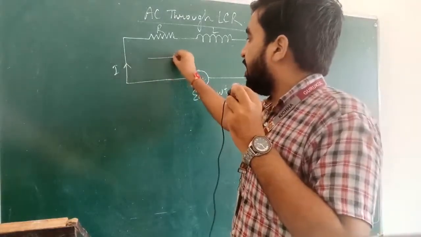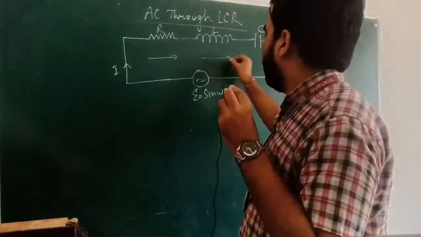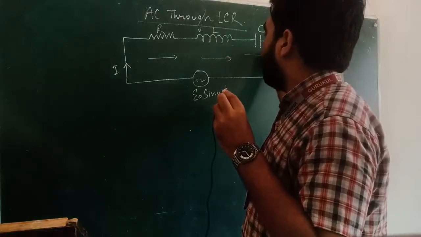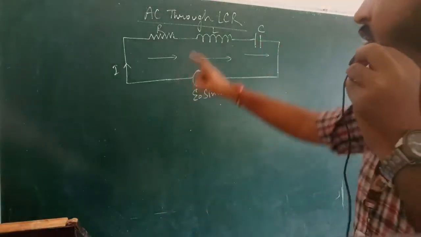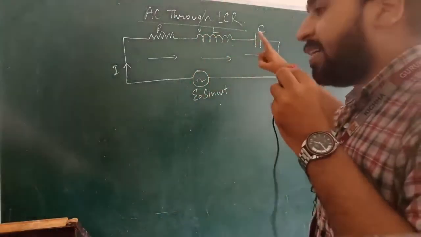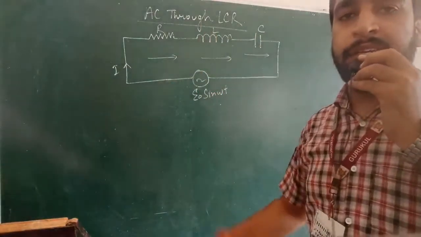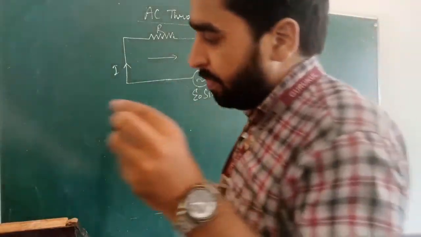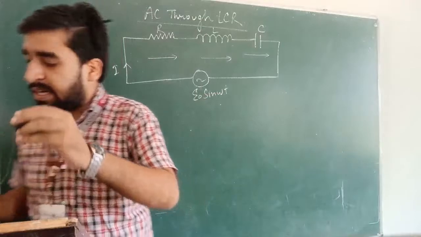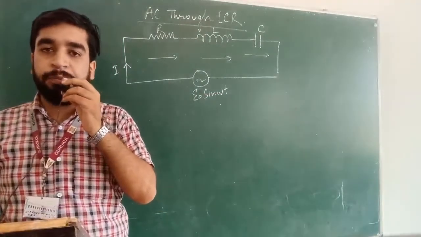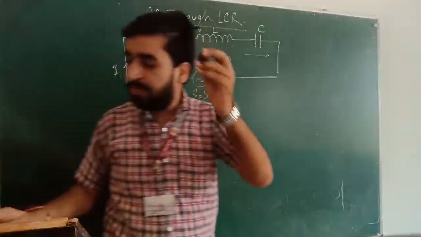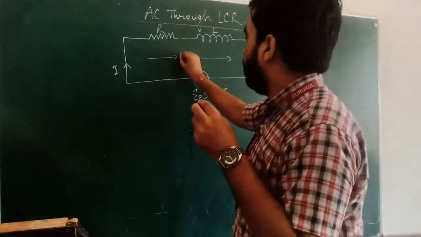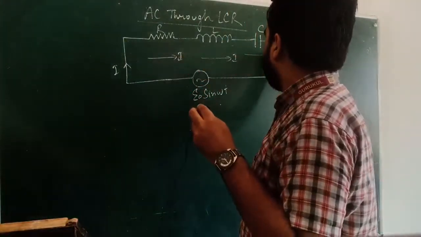So I will be the current through this, through this, and through this. For resistance, for inductance as well as for capacitance, the current will remain the same. But what will be the nature of voltage? Current I we have shown for all.